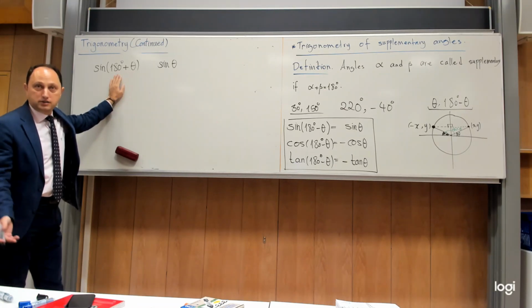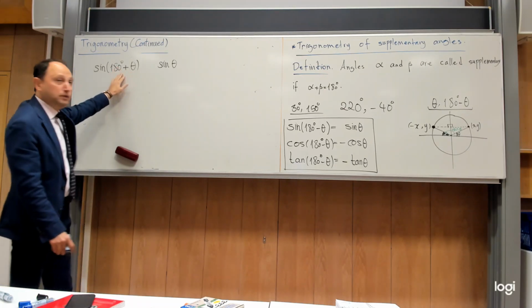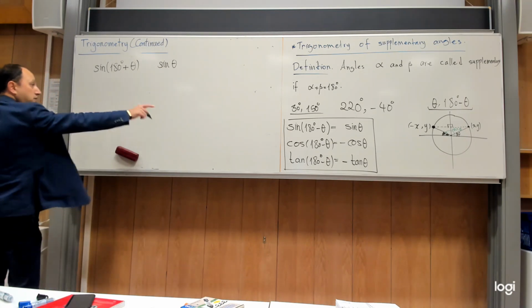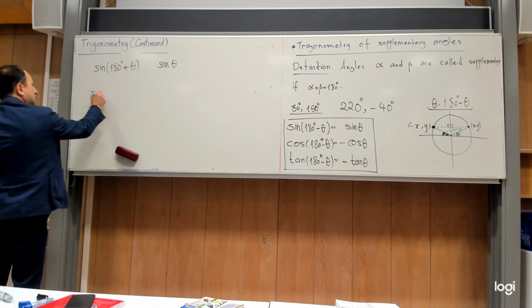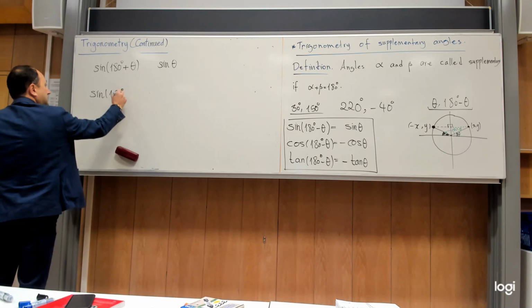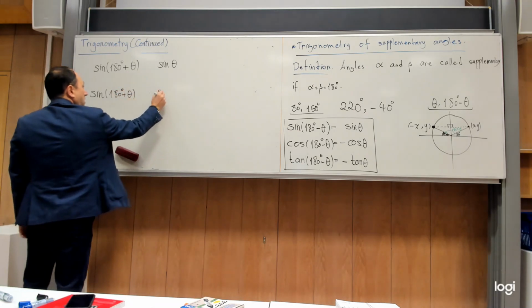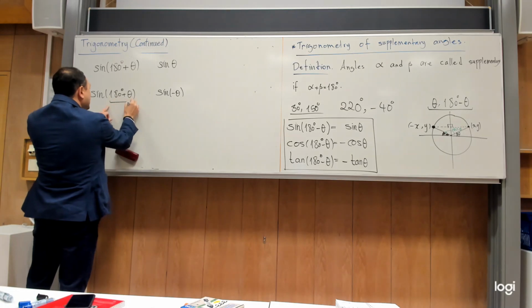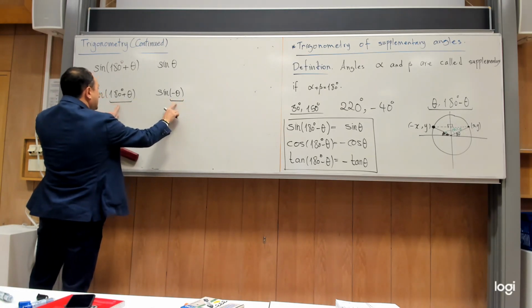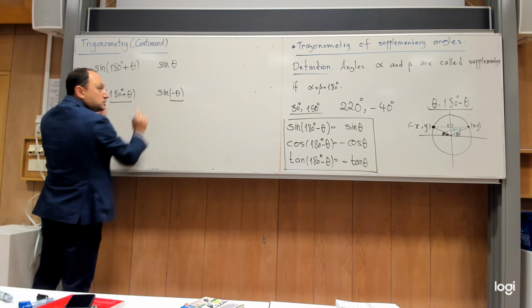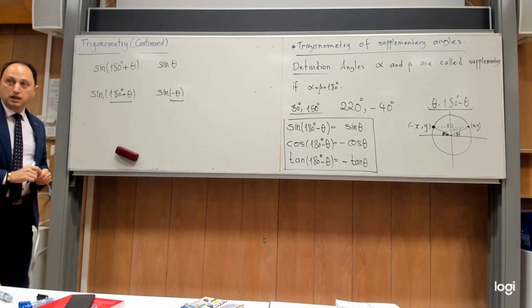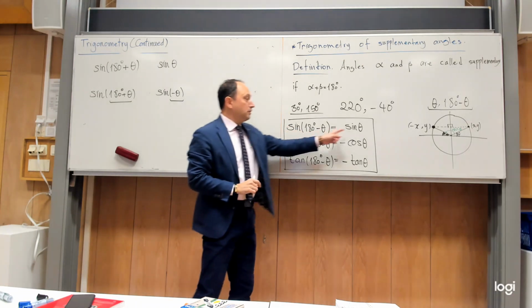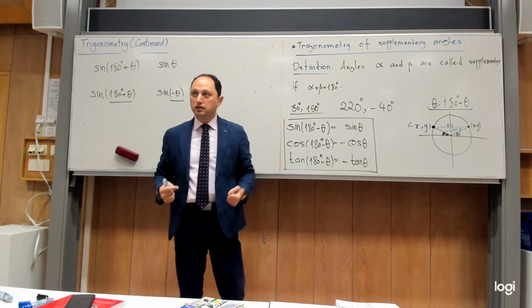Minus theta. So minus theta is the supplement of this angle. But we just learned that sine of 180 plus theta and sine of minus theta, if I ask you how these angles are related, you would say that these two angles are supplementary since the sum is 180. And we just learned that if I have supplementary angles, the sines are equal.